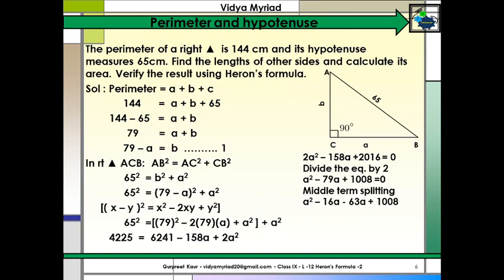So when I solve this and take out common, I got these two factors which can be further written as a is equal to 16 and a is equal to 63. So two values of a I am getting over here. Both can be applicable, nothing is wrong in this. So we will choose any one. So first I will find out the value of B by putting the value of A in equation 1.